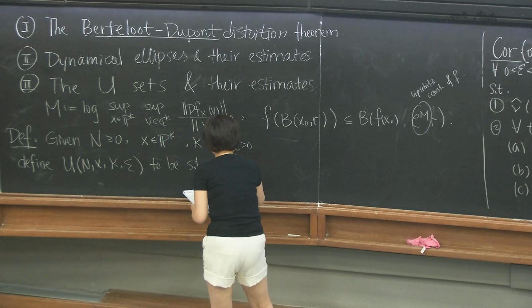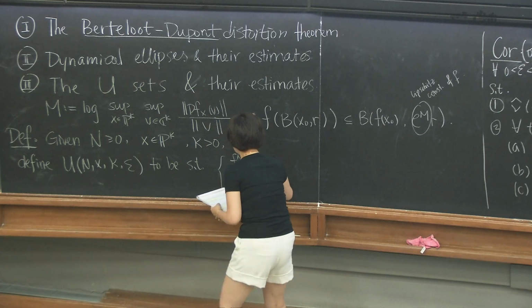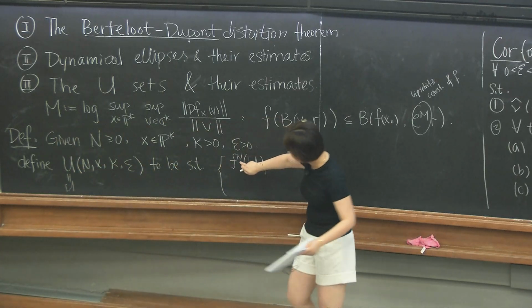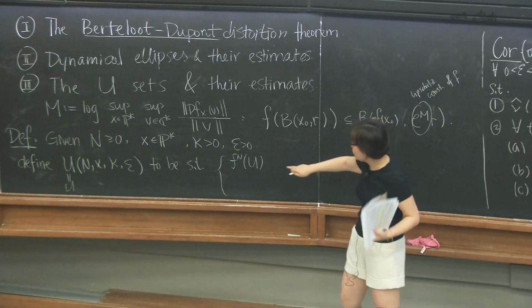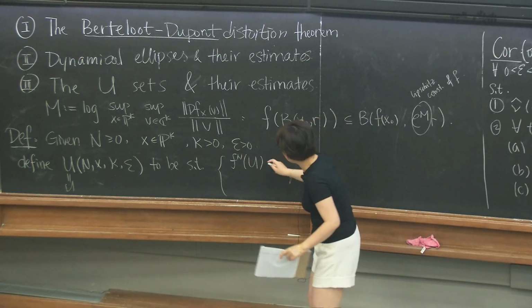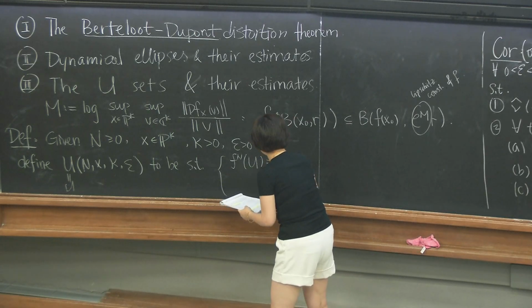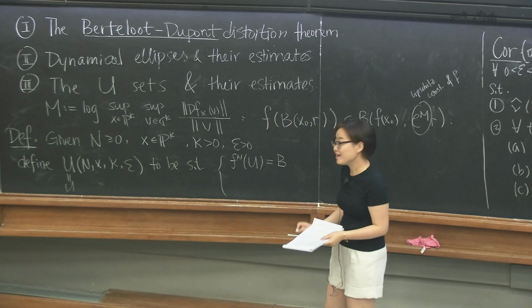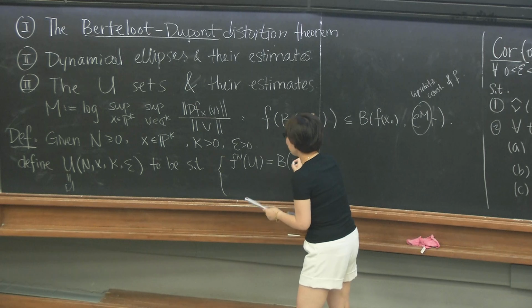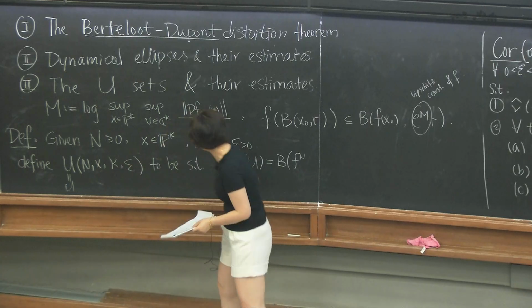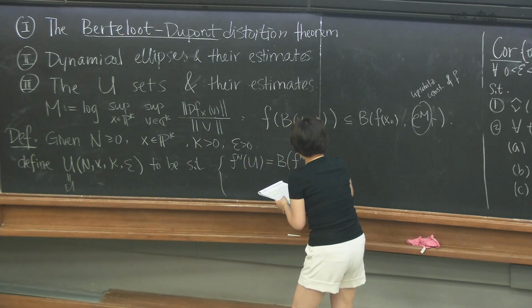If I call this set simply u, then the nth iterate image of this set is a ball, so this is a pre-image of a ball, right? But what is this ball? It may not be the ball you think. The center of the ball, you may guess, is f^n of x. But what is the radius?